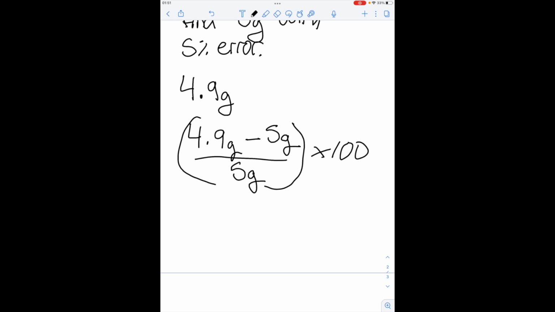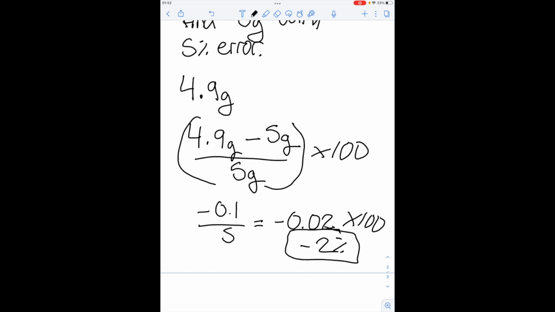So if we actually do the math here, we get negative 0.1 divided by 5, which would equal negative 0.02, times that by 100, and we get negative 2%. When we say 5% error, we mean plus or negative 5% error technically. So because we're not 5 units off, this would actually work. This would check out.